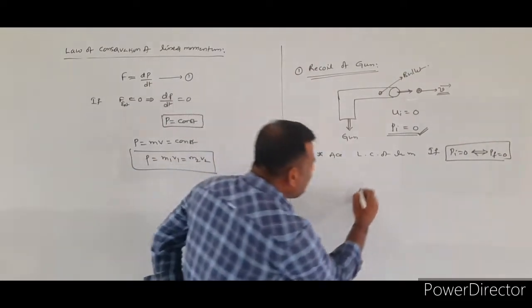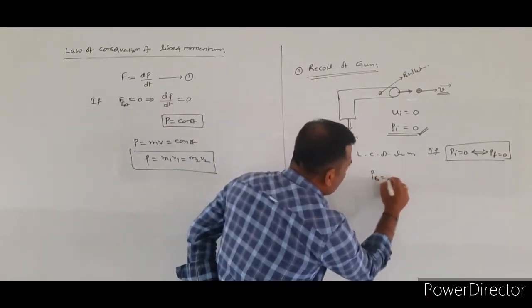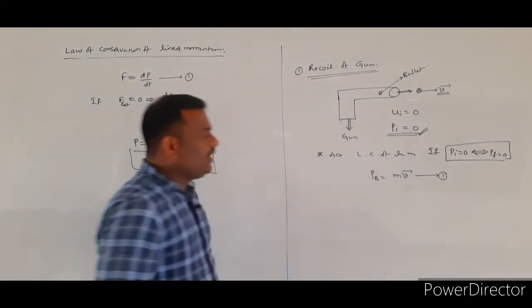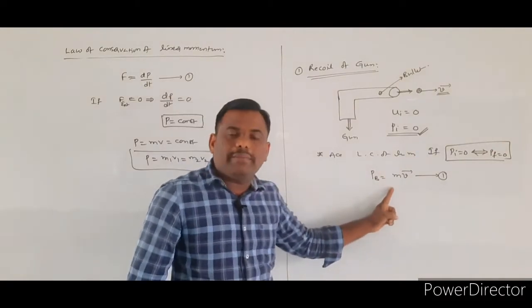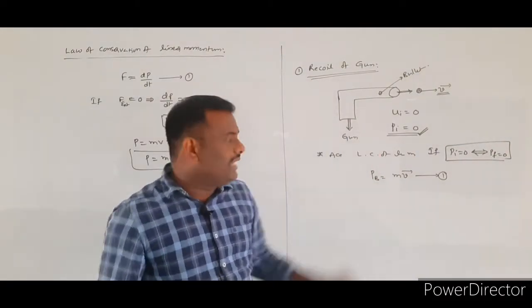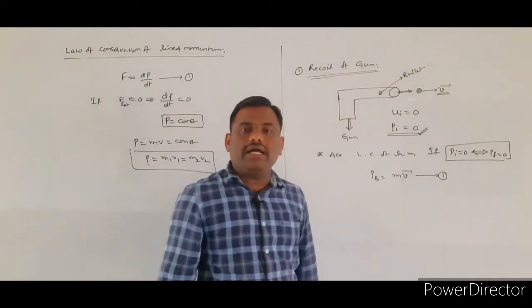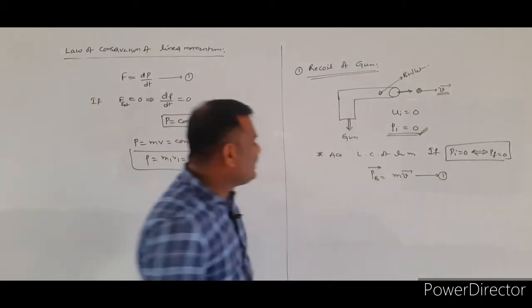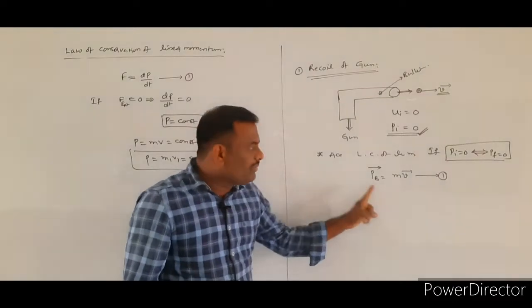The linear momentum of the bullet is m into v bar, where small m is the mass of the bullet and v bar is the velocity of the bullet. Momentum is a vector quantity.